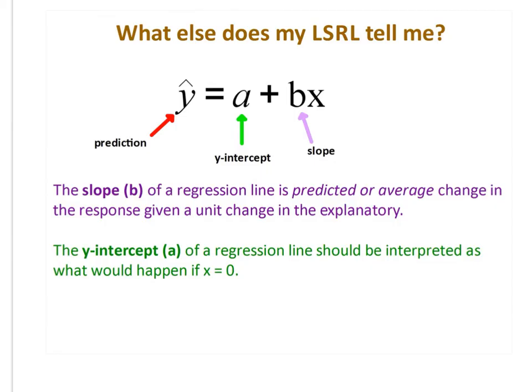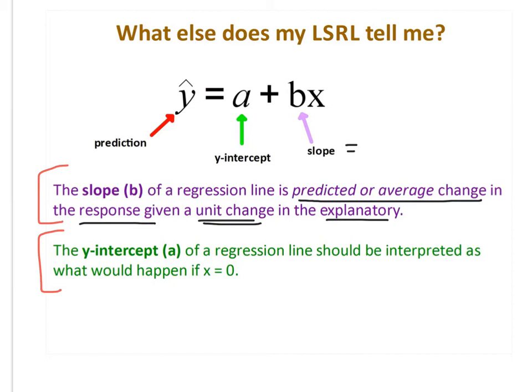So what else does my least squared regression line tell me? If I think about this line, we already identified the y-intercept and the slope as a and b, but I want to dig a little bit deeper into the slope real quick. The slope of a regression line is the predicted or average change in the response given a unit change in the explanatory. Think about slope before.